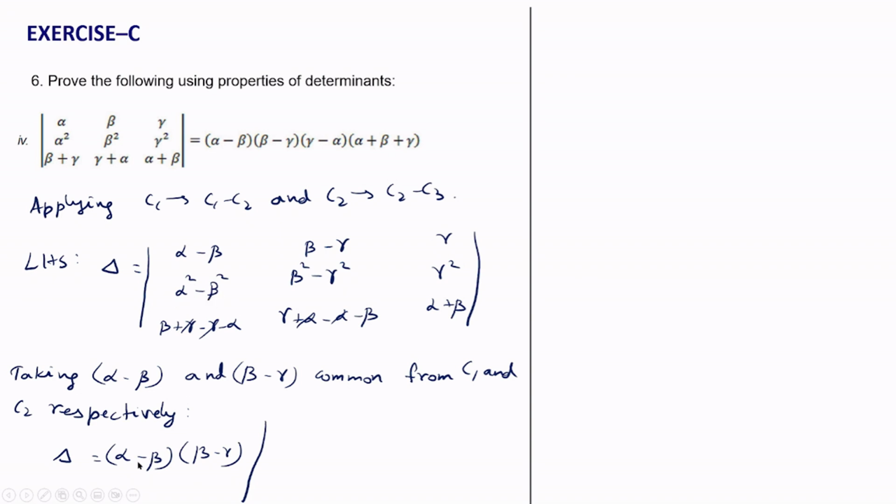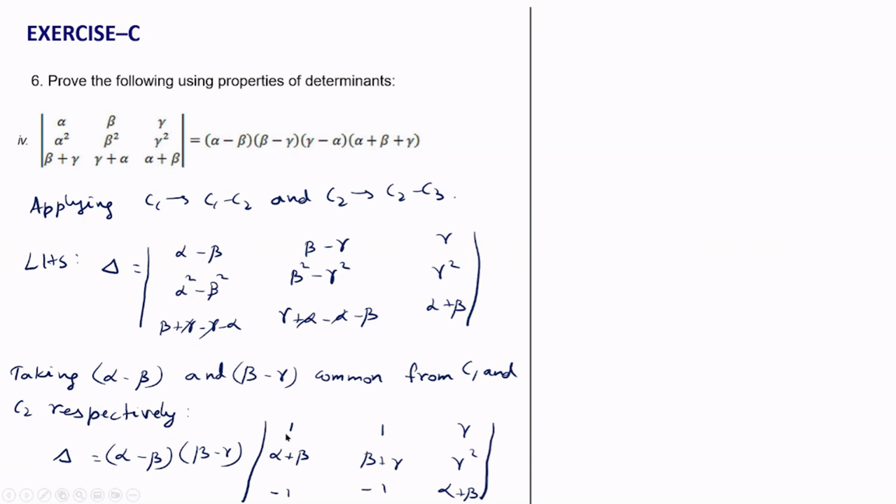So we already took alpha minus beta outside, so here it is alpha plus beta. And here since we have beta minus alpha, we will have minus 1. So it is 1, alpha plus beta, minus 1. Similarly here it is 1, beta plus gamma and minus 1. Then gamma, gamma square, alpha plus beta.